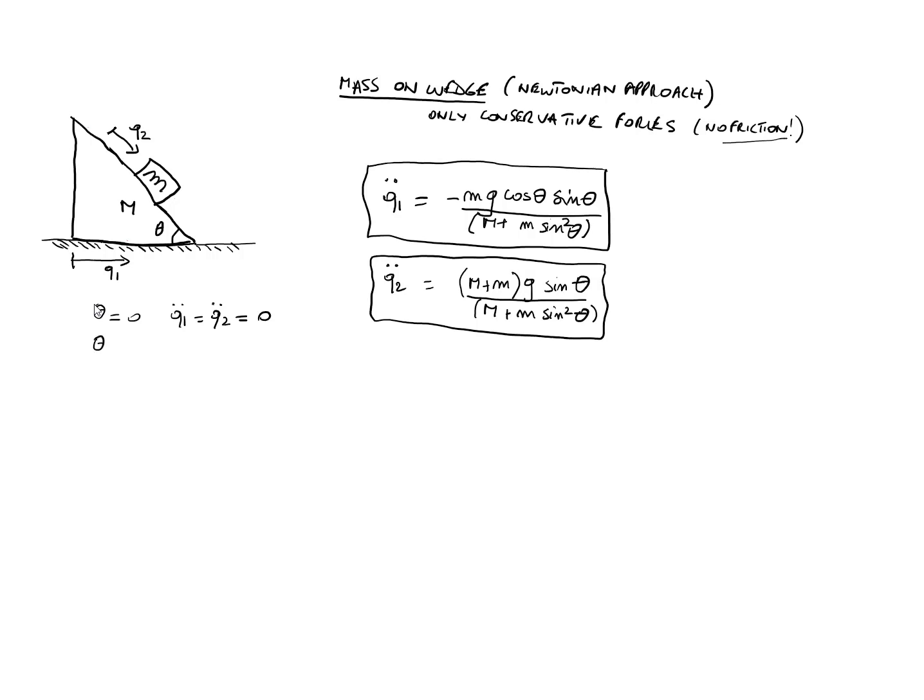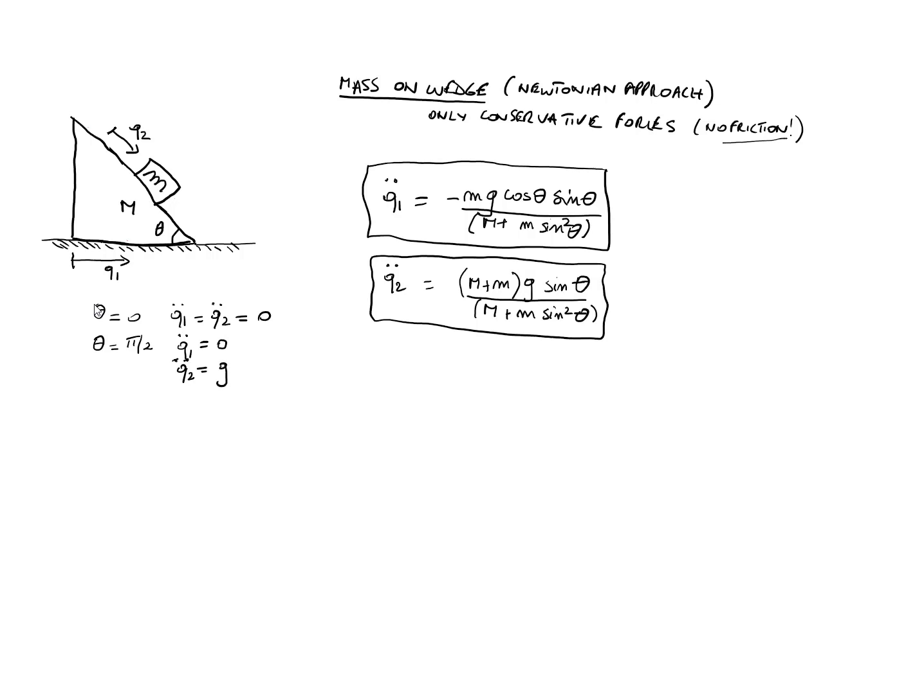And if theta is equal to pi over 2, then we expect q1 double dot equal to 0, and q2 double dot is equal to j.